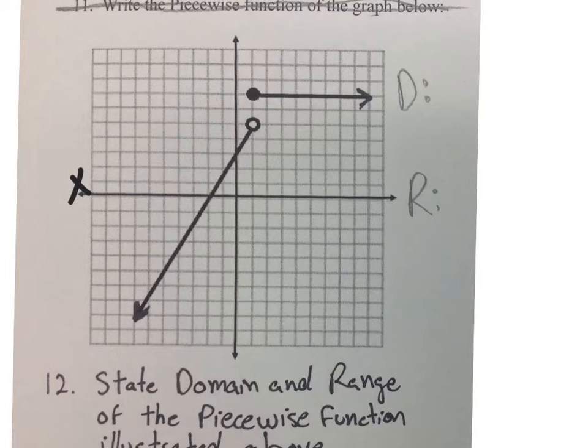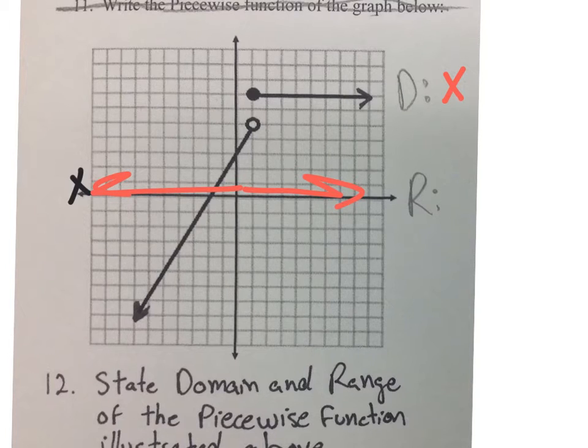Yes. Does it go to the left forever? Yes, it does. Even though it's going down, it still continues to go to the left forever. So when you're talking about your domain, you're talking about your x values, and it really does go that way forever and this way forever.